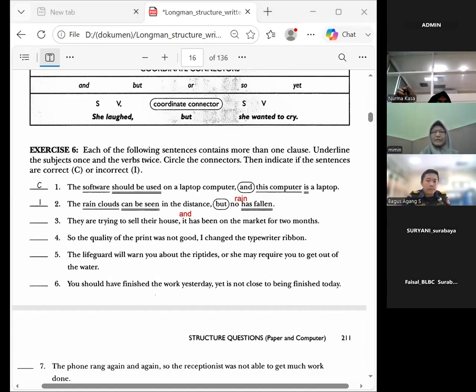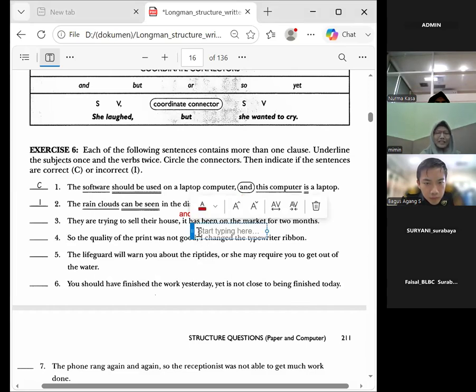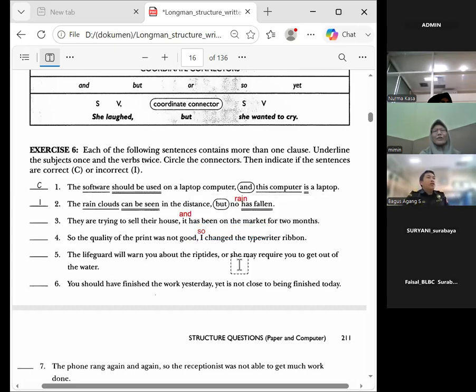Not? The quality of the print was not good. Yes, comma. The so is moved here. So I changed the typewriter ribbon.